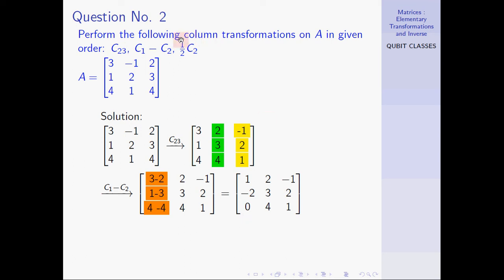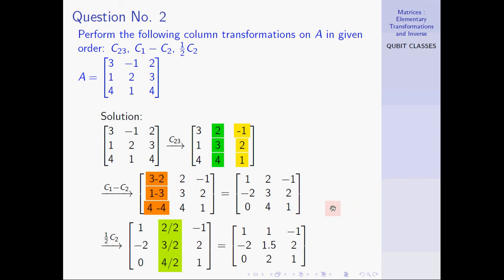Now the next transformation is 1 upon 2 into C2. So now we will take each and every element of C2 of this new matrix, which is 2, 3 and 4, the second column, and multiply each and every element by 1 upon 2.